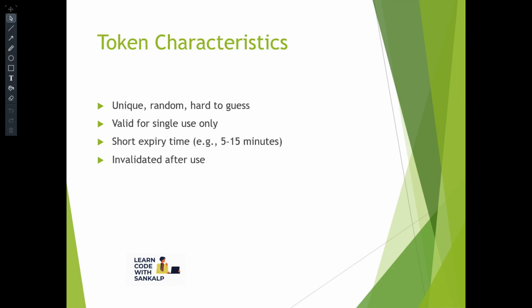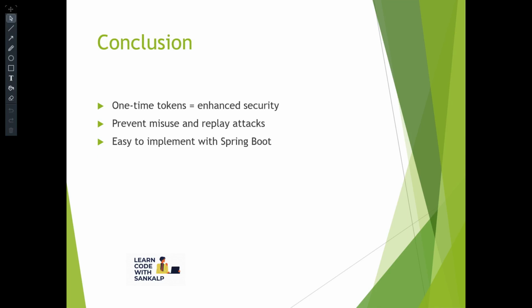Token characteristics: unique, random, hard to guess, valid for single use only, short expiry time, invalid after use. Conclusion: one-time tokens enhance security and prevent misuse and replay attacks. Easy to implement with Spring Boot.